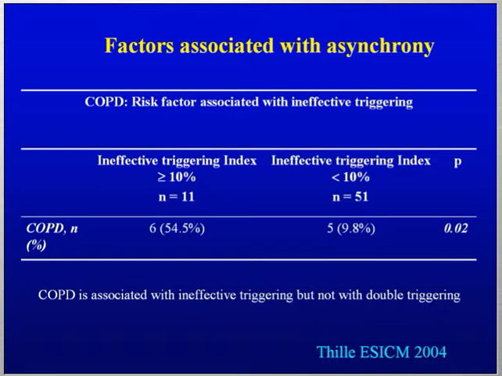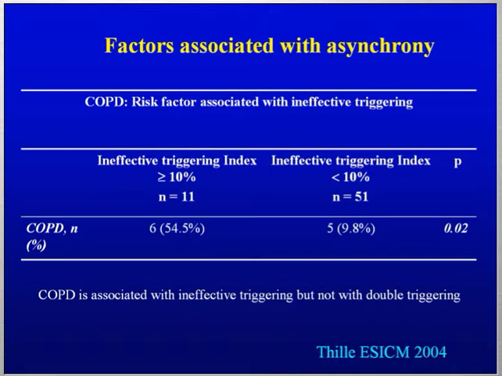My last three slides are about a study which will be presented this afternoon by Arnaud Thiel from our group, who tried to address the question of the prevalence of this problem of asynchrony in the ICU.